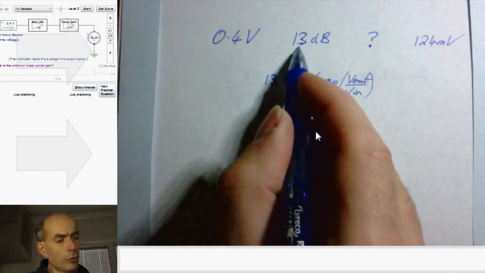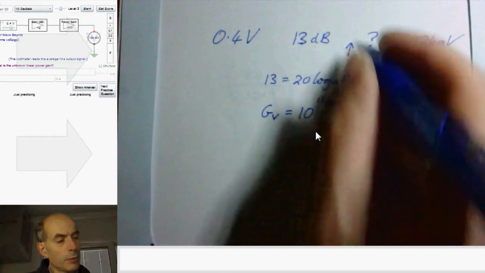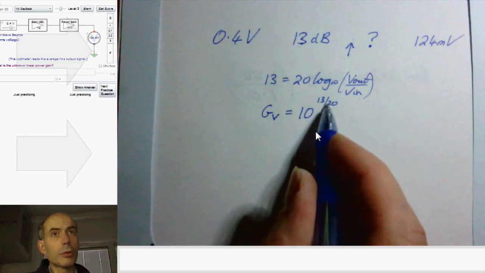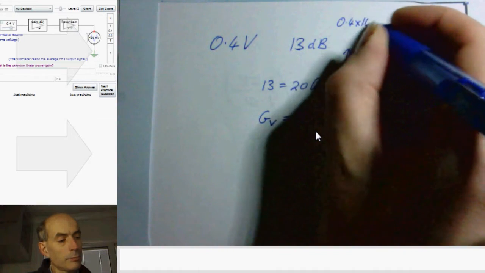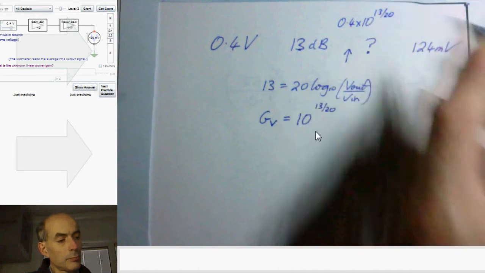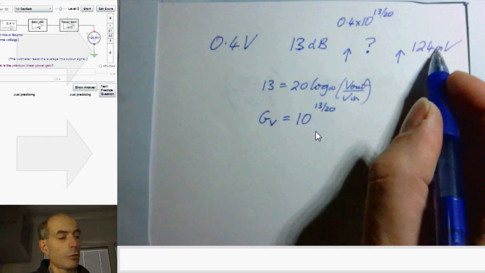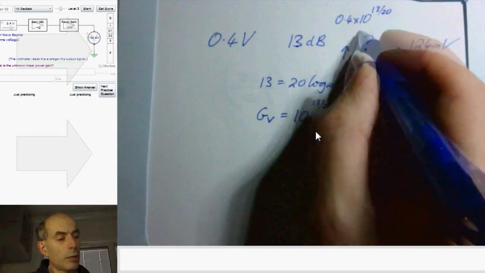If that is the voltage gain of this block, then the input voltage at this side here must be 0.4 times 10 to the power of 13 over 20. And the output here is 124 millivolts. So I can work out the voltage gain of this block here.